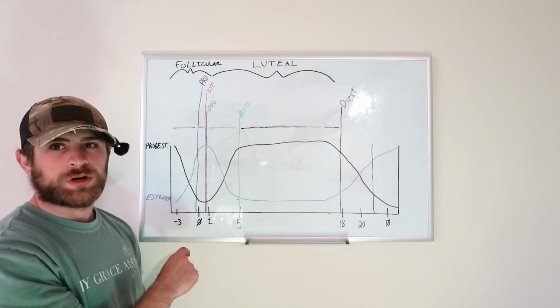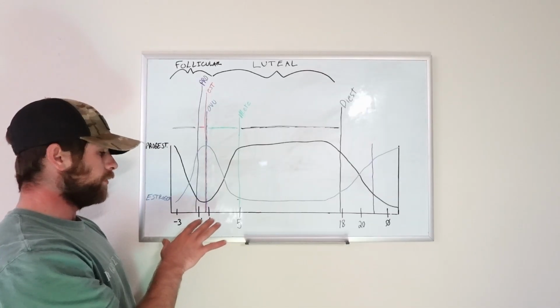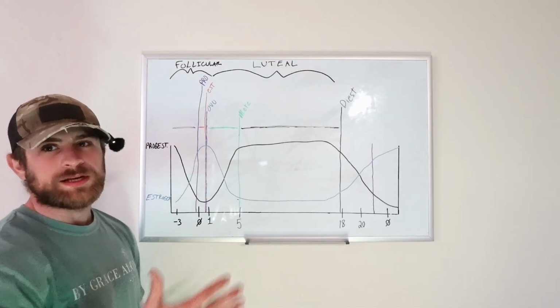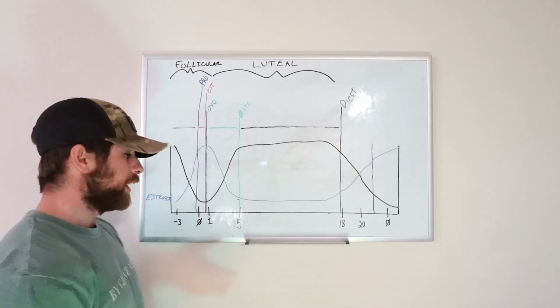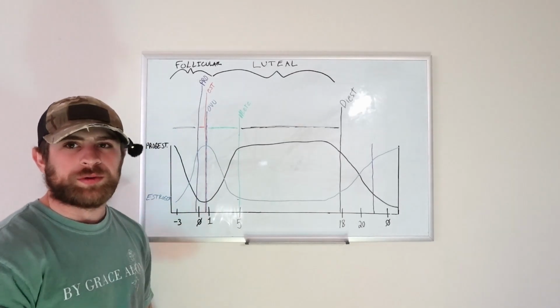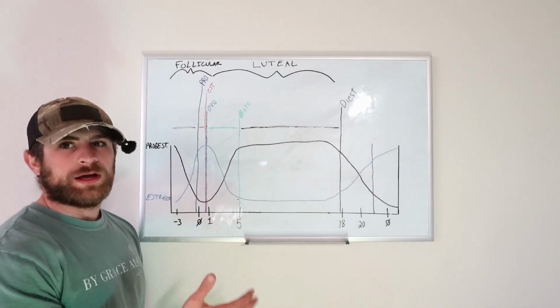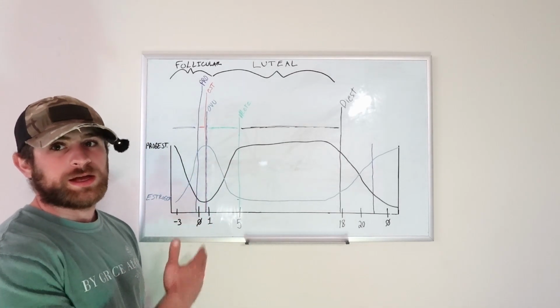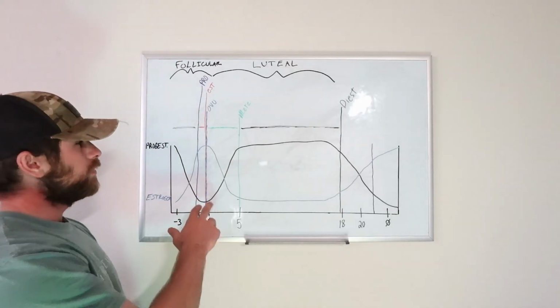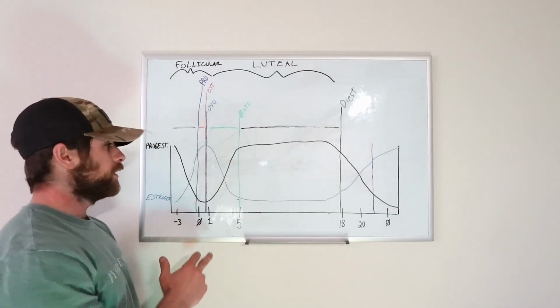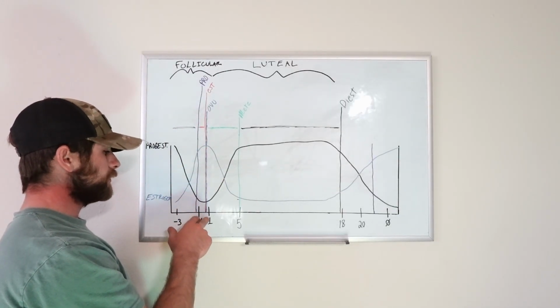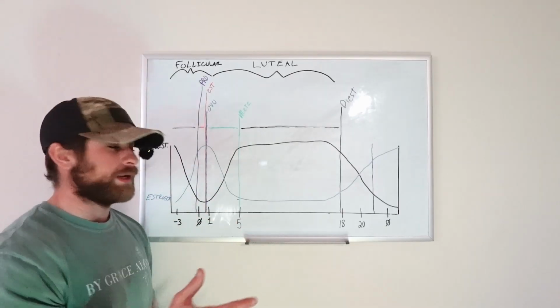Estrus is very short, like I said before. It's roughly about 24 hours. It's like day 0 to day 1, essentially, right? And then you have that 12-hour period right after estrus, the stage, not the cycle, where ovulation occurs. And at that time, it's roughly day 1, like I said before.